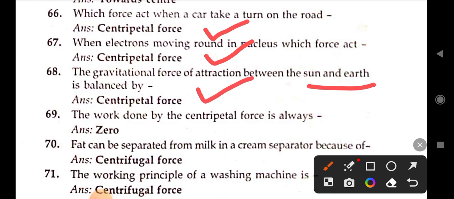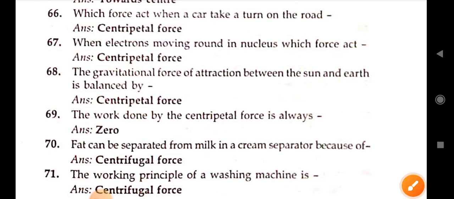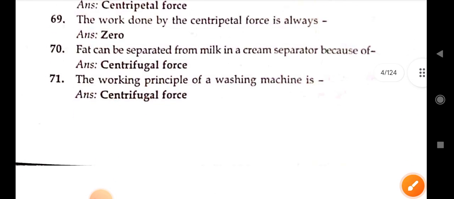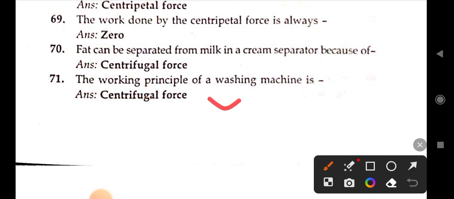Next, the work done by the centripetal force is always zero. Fat can be separated from milk in a cream separator because of centripetal force. Next, the working principle of a washing machine is centripetal force.